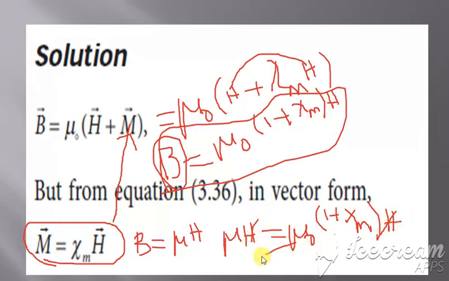Bring mu naught down, so we get mu divided by mu naught, which can be written as mu r. So mu r is equal to 1 plus xi m.